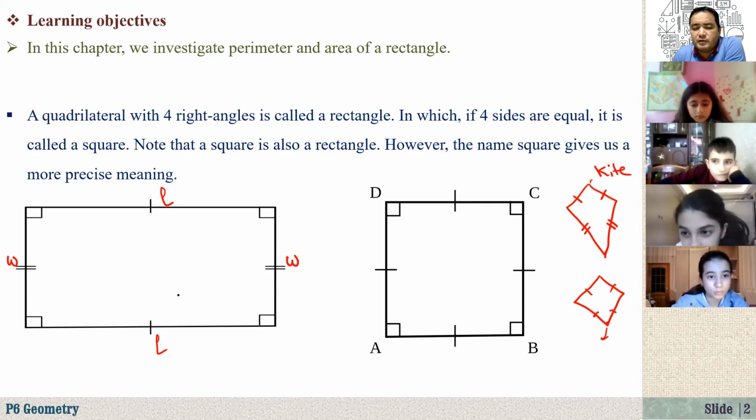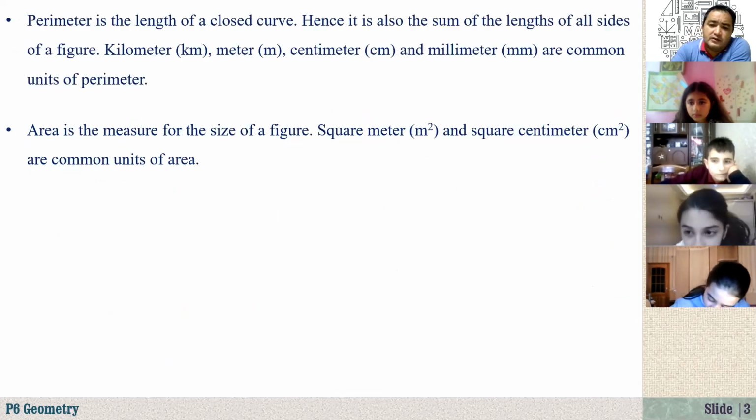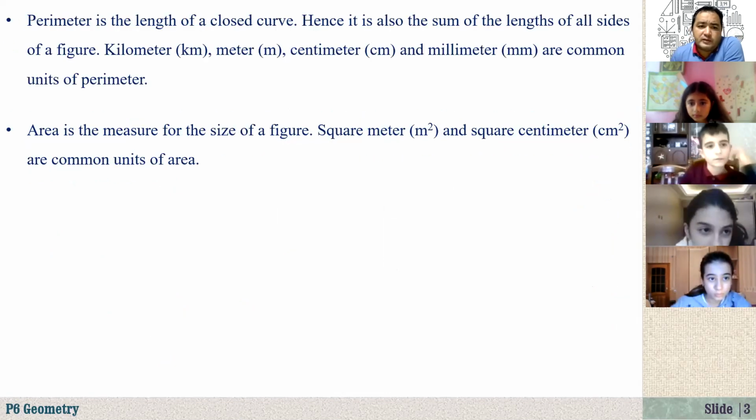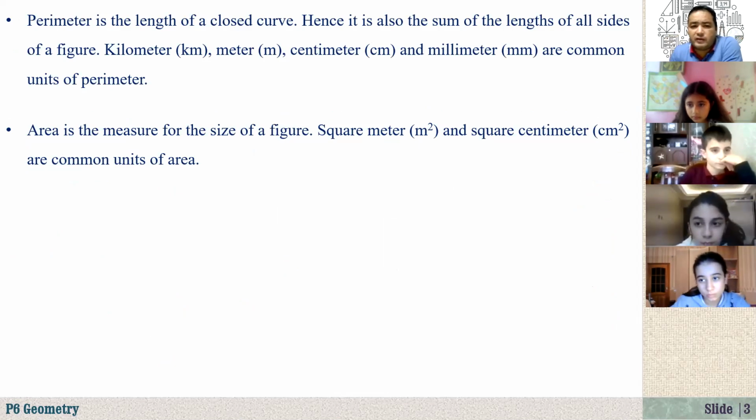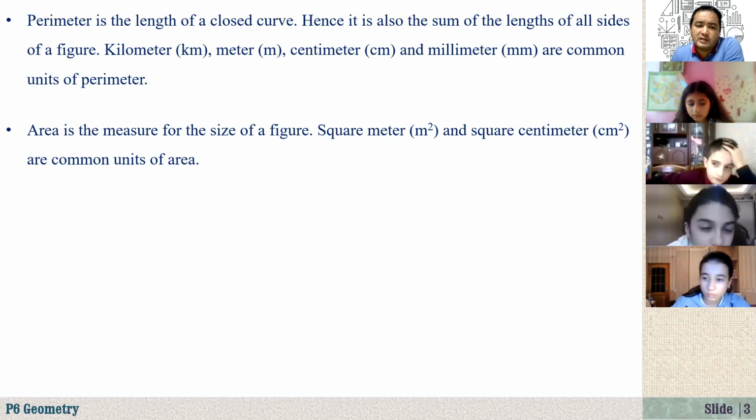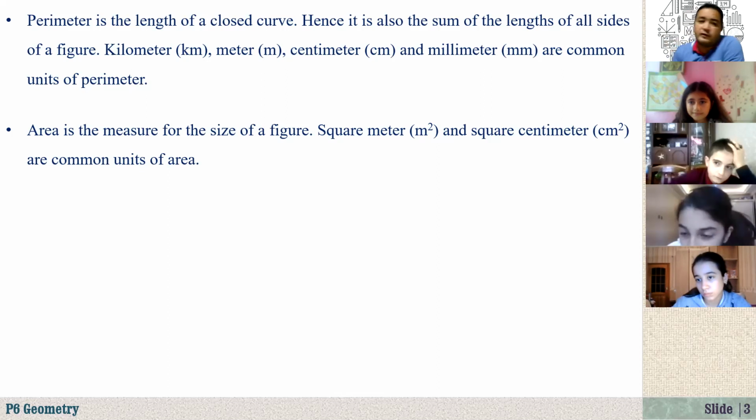What is a perimeter? Perimeter is the length of a boundary, all right? So here, perimeter is the length of a closed curve, or simply the length of a boundary. Hence, it is also the sum of the lengths of all sides of a figure.